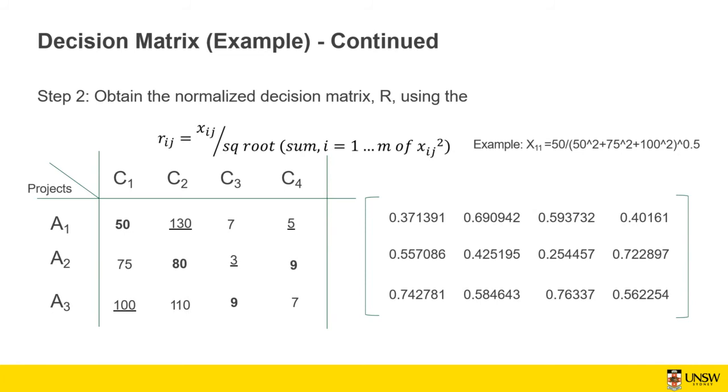If all the factors C1 to C4 are equally important, then perhaps we can just look at the preferred projects based on the values that we got here. But let's wait and see what happens after that.